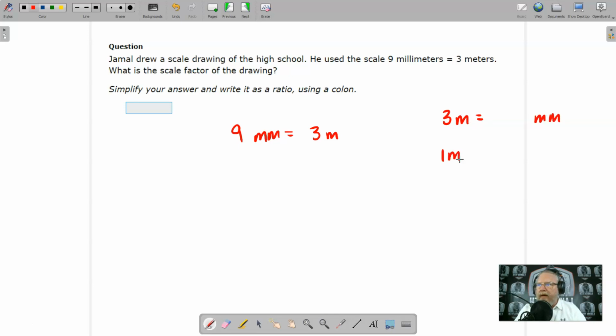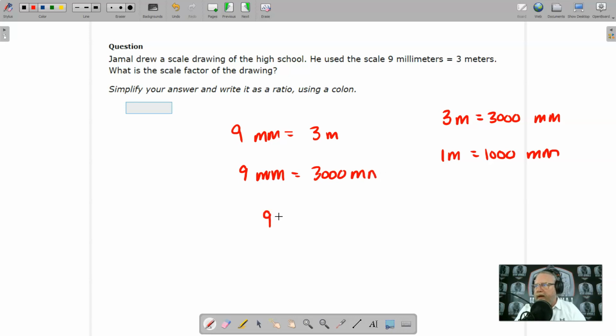Well, 1 meter is equal to 1,000 millimeters. But we have 3 meters, so we must have 3,000 millimeters. So it becomes 9 millimeters is equal to 3,000 millimeters.